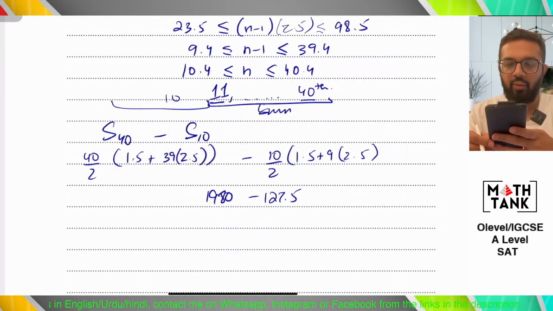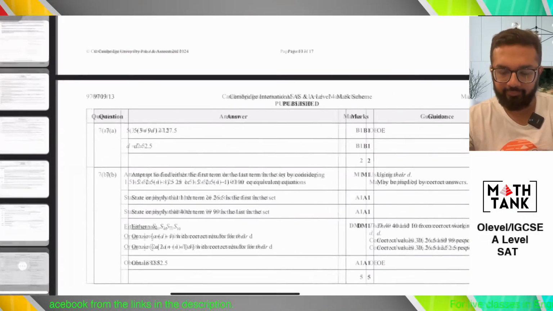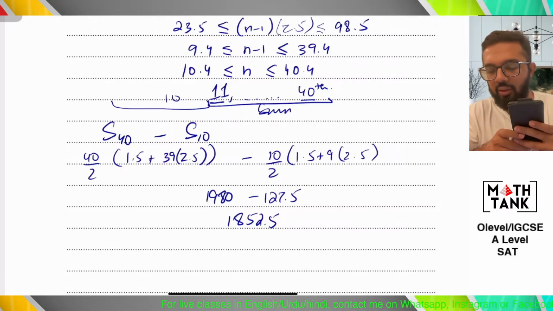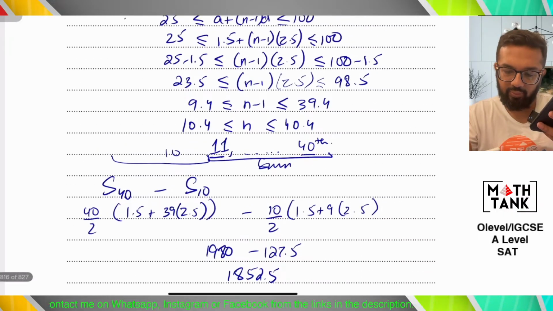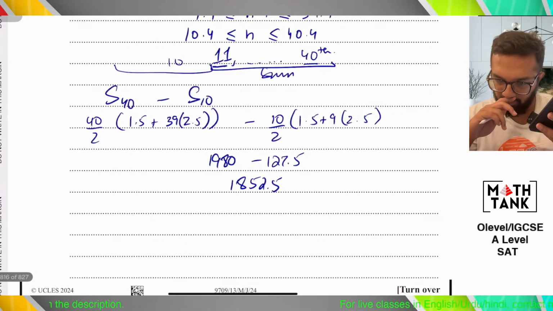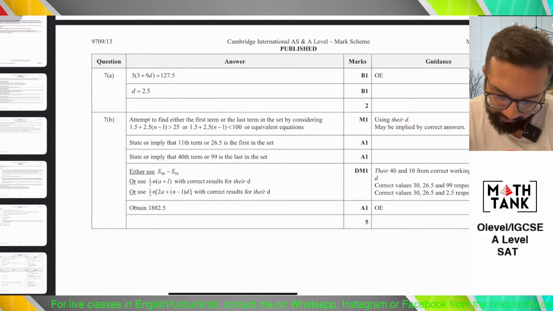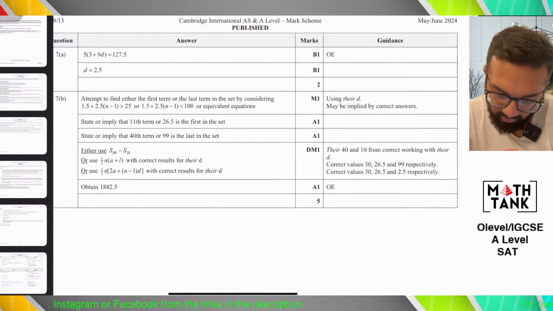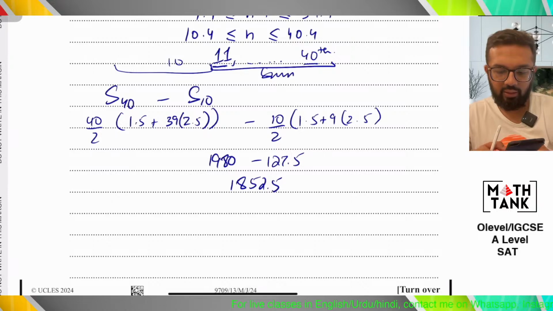1980 minus 127.5. 1852.5. Check if I made a calculation mistake. 1980. I am getting 1980.